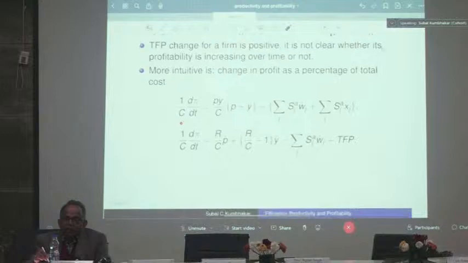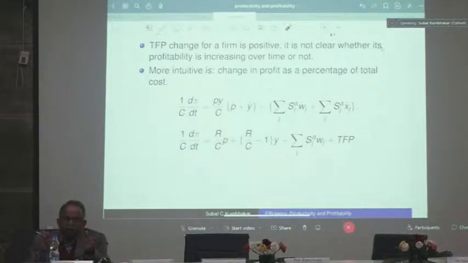We use the word profitability to mean profit as a percentage of cost. So if change in profit is positive, that is positive. If a firm is earning negative profit, then this measure is going to be negative, so we avoid the situation that we encountered in using pi dot.